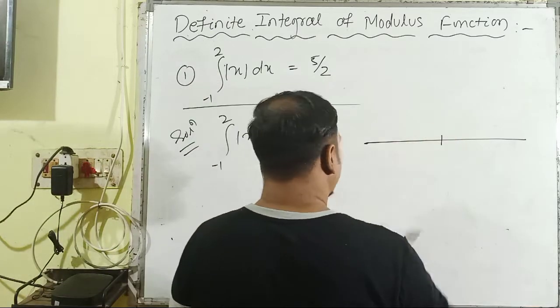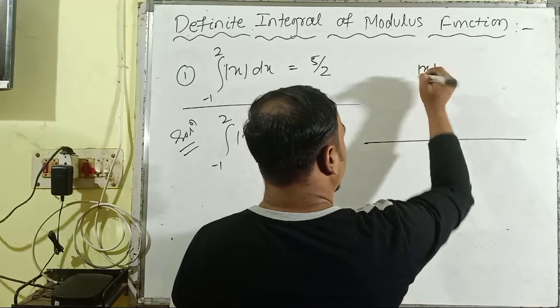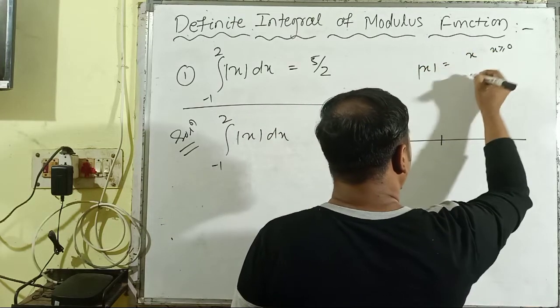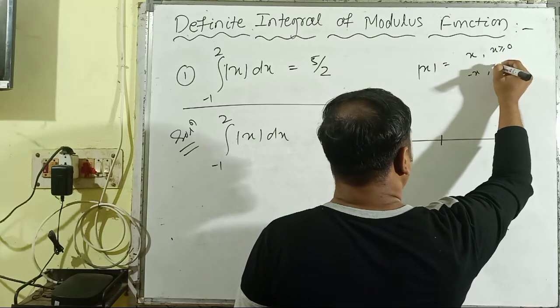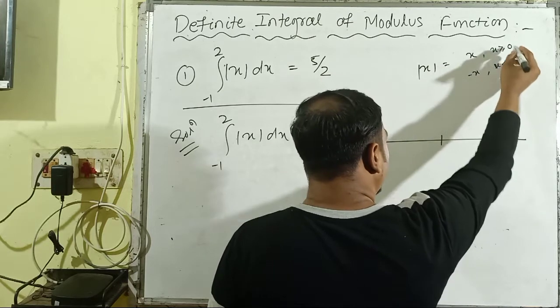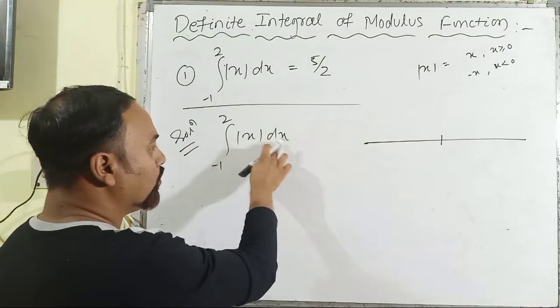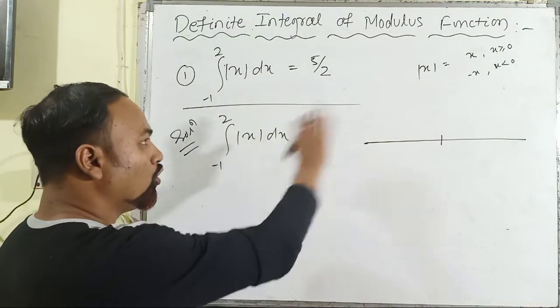You can see what we studied a little while ago: modulus of x is x when x is greater than or equal to 0, and negative x when x is less than 0. That means that point is 0 for the value of x, and we integrate with respect to x again, so no need to change.